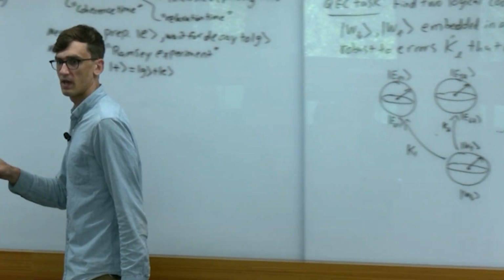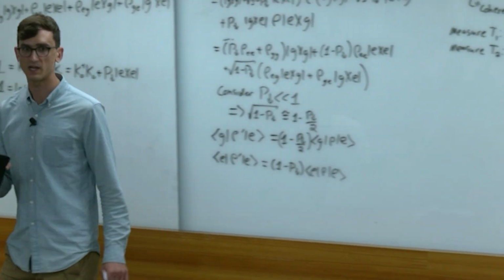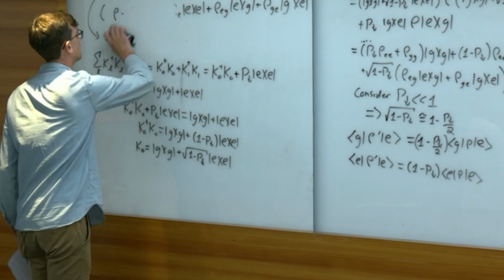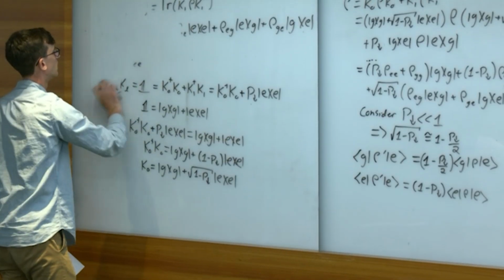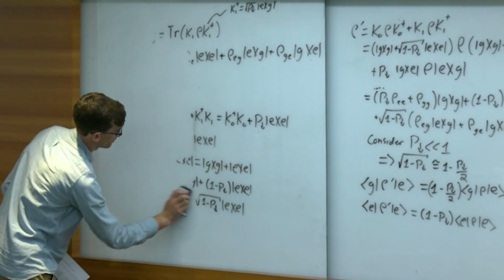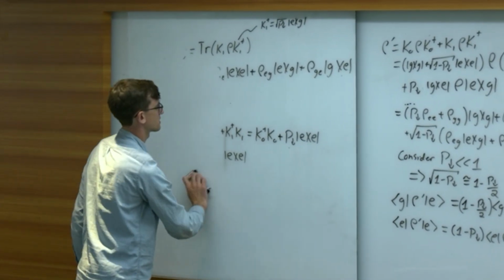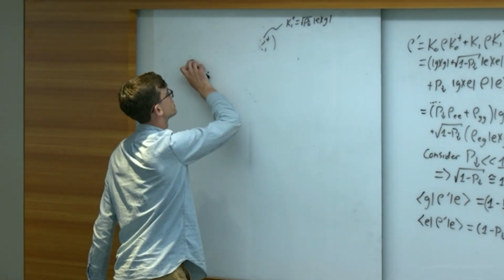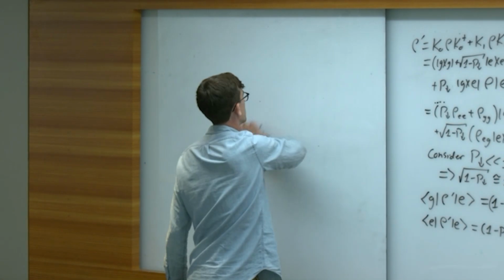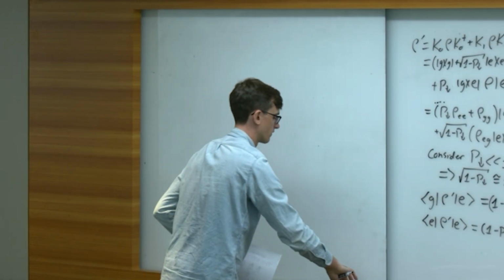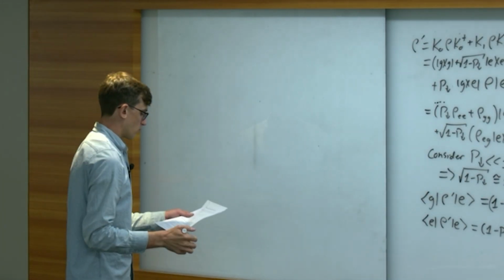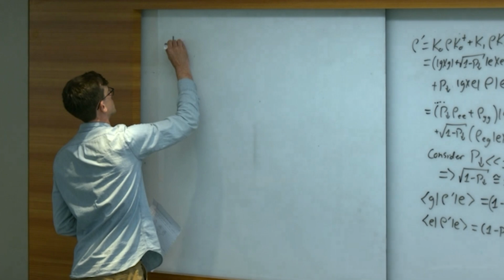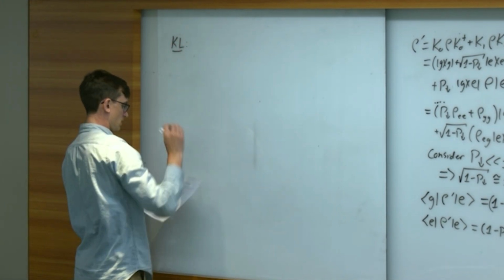Any questions about that? So it's a bit abstract right now, but we can make it more formal by writing down the so-called Knill-Laflamme conditions for error correction. The Knill-Laflamme conditions are really just what's described in that mini figure over there. The way that I would write them down is the following.